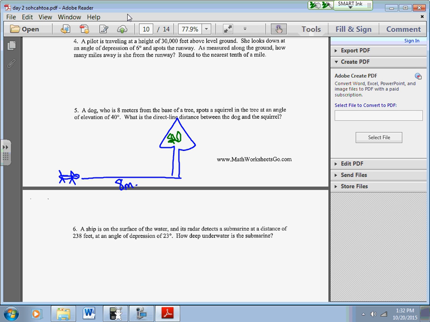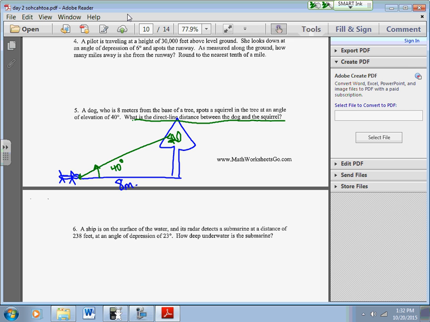Spots a squirrel at an angle of elevation. So do you guys understand that the dog is looking up into the tree? And it spots it at an angle of elevation of 40 degrees. Okay? It says, what is the direct line distance between the dog and the squirrel?